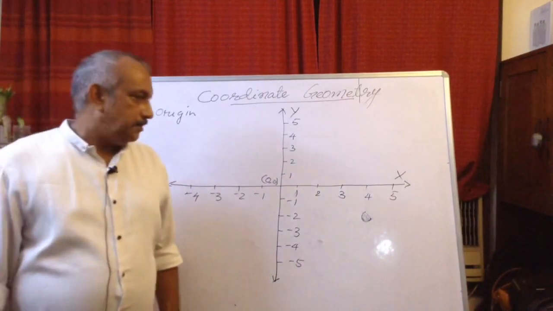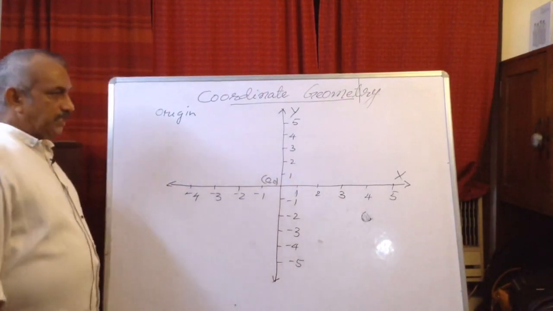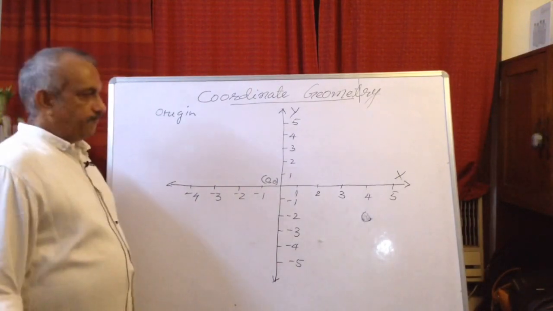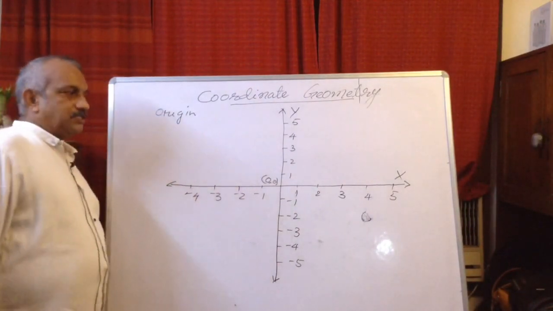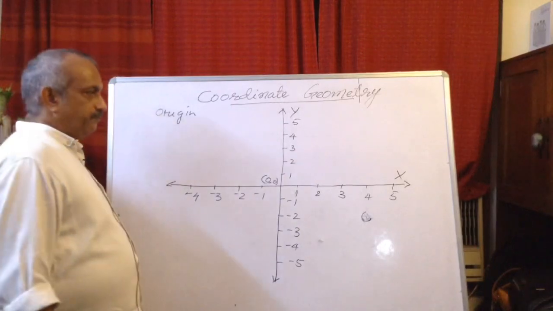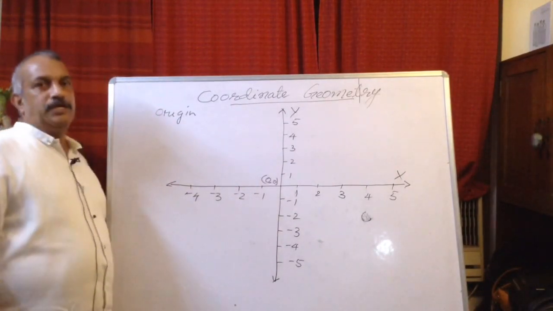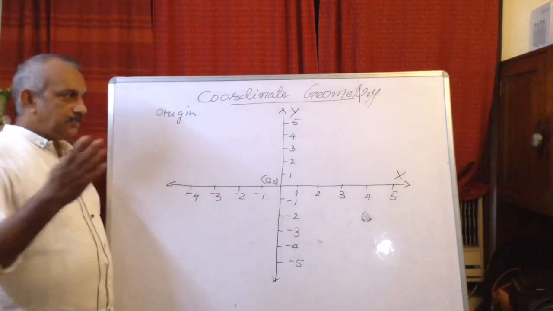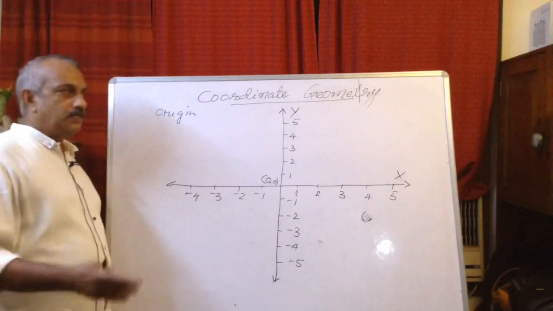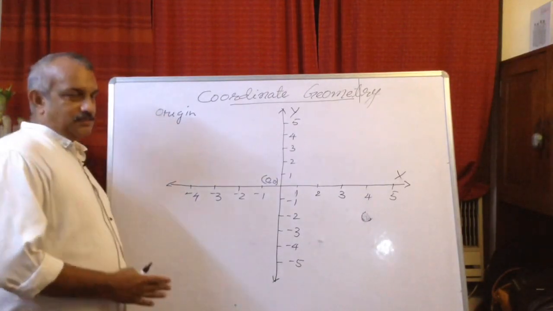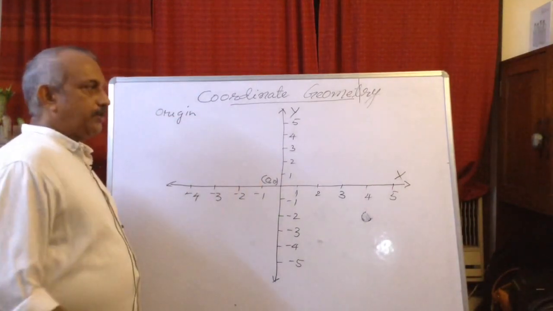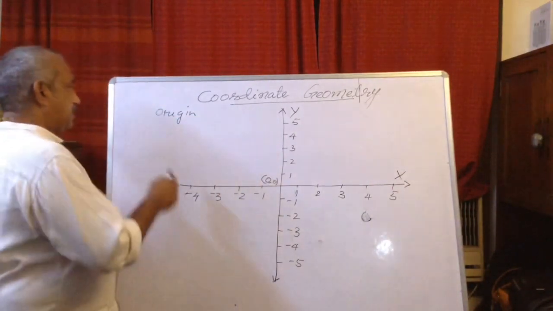Now again, the distance of a point. The distance of a point from the y-axis is called the x-coordinate or abscissa.